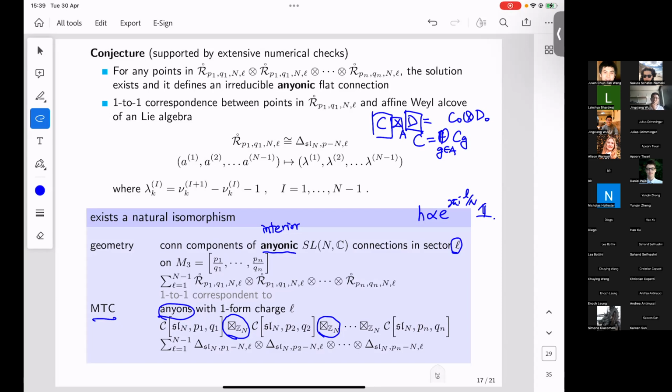Could it be interpreted as you start from an MTC with a Zn one-form symmetry and then you condense it, or condensing subgroups? Yes, basically that's one way to incorporate.